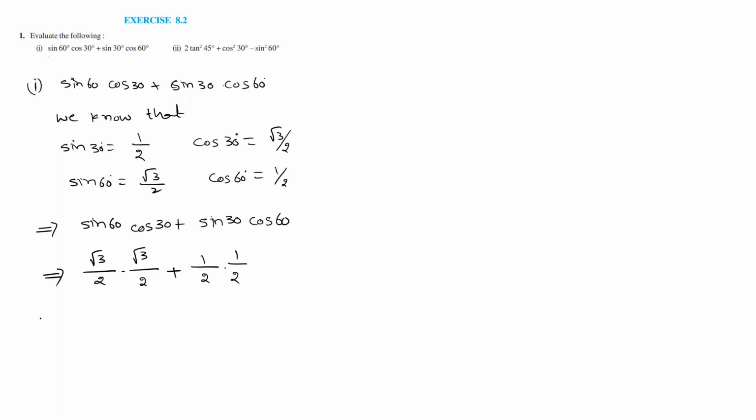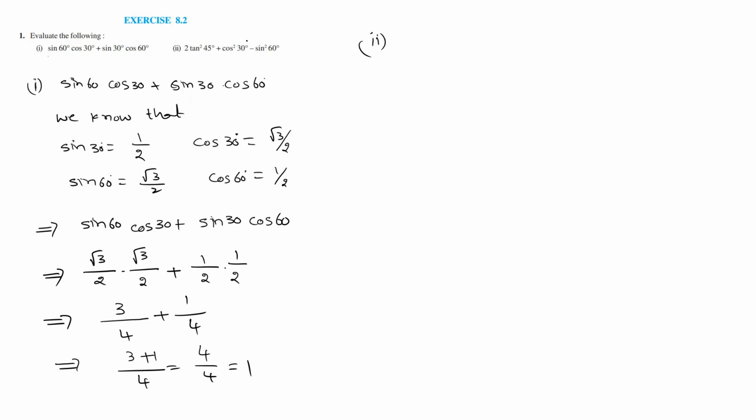Now we will multiply: root 3 into root 3 is 3, divided by 2 into 2 is 4, plus 1 into 1 is 1, divided by 2 into 2 is 4. Taking LCM 4 and adding the numerators, 3 plus 1 is 4 by 4, which is nothing but 1. So the value of sine 60 cos 30 plus sine 30 cos 60 is equal to 1. That is the answer here.